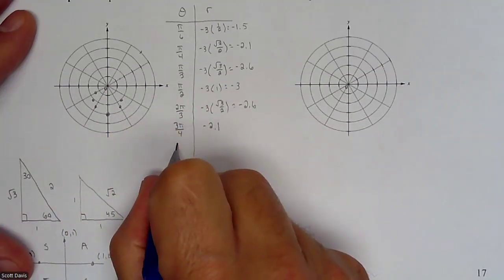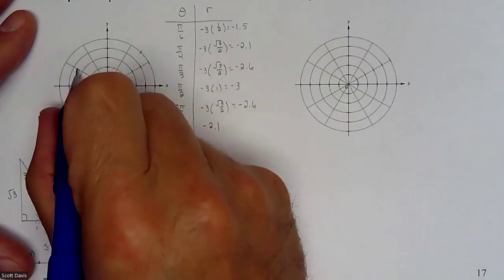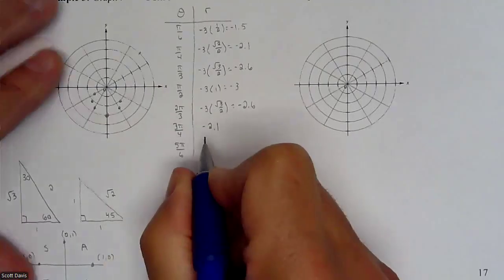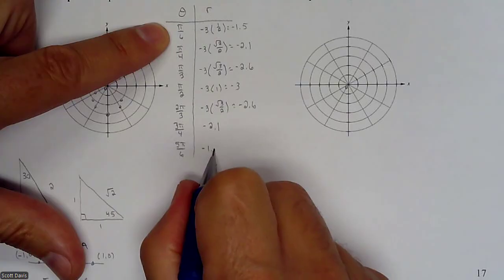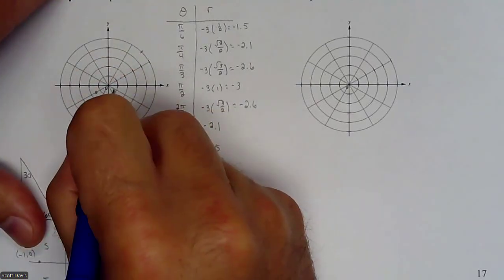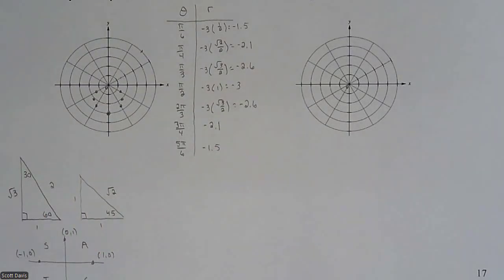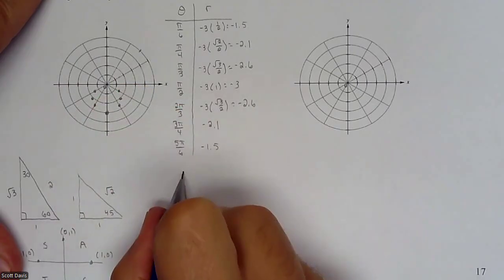And then we would do 5 pi over 6, because this is 1, 2, 3, 4, 5 pi over 6. Same value as up here. So we would get a -1.5. So on this line would be at a -1.5. And then our last part of this pattern, we would just go to pi.